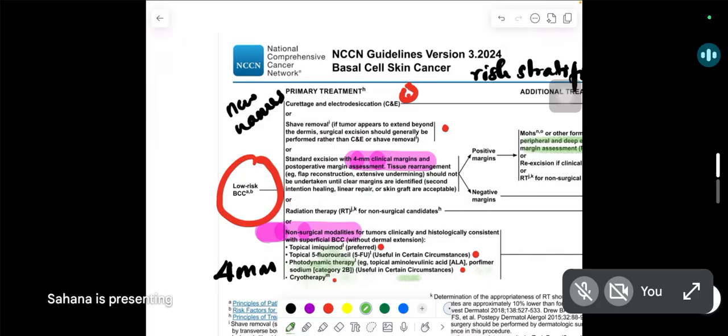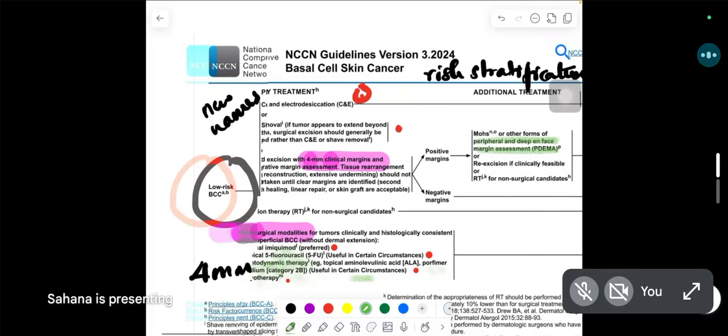So this is the special mention category where you can use topical imiquimod, topical 5-FU, photodynamic therapy using photosensitizer, that is topical aminolevulinic acid or porfimer sodium, or cryotherapy. So when you're writing for low risk, there is surgical and there is a special mention of non-surgical. These surgical, especially the standard excision and RT, can also be used for high risk types.